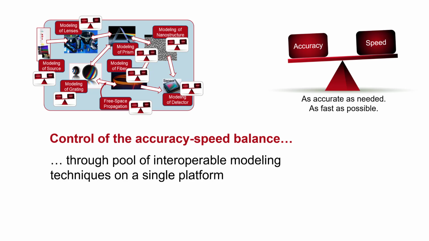That means the model of the light is consistent throughout, and we avoid such loss of information when changing from one model to another. So the tagline that wraps this whole philosophy up is that you can be as accurate as you need to be, while also ensuring that your simulations are as fast as possible.